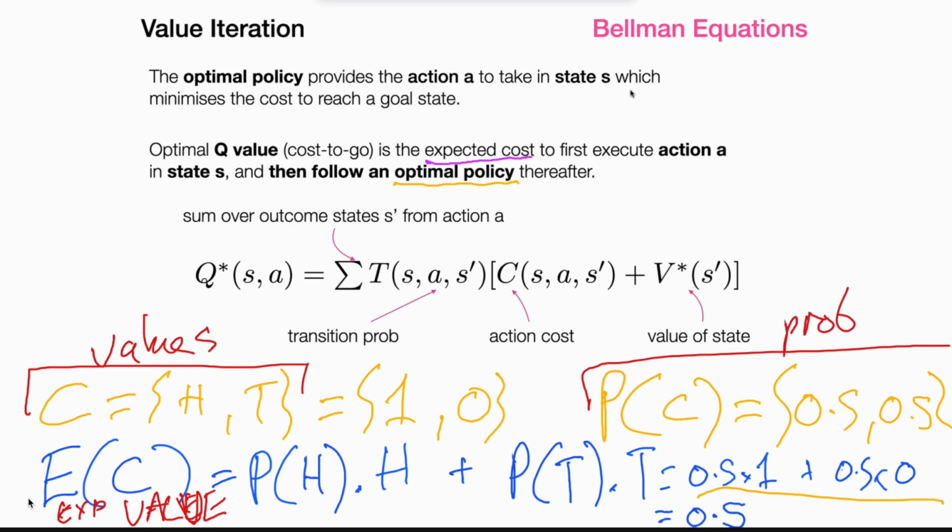Ah, okay. If we did this with a dice, we would have the value of 1 with a probability of 1 over 6, the value of 2 with the probability of 1 over 6, the value of 3. Let's assume we've got a 3-sided dice, which is impossible, but there we go. Then the expected value would be 1 times a third plus 2 times a third plus 3 times a third.